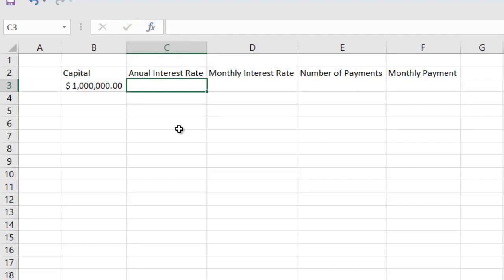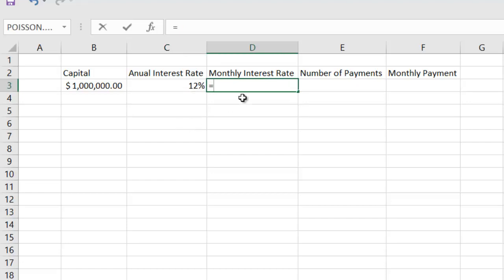In the bank they're probably using a 22% annual interest rate, and you're going to tell them that you're just going to charge them 12% annual interest rate. The monthly interest rate, the rate that you are going to apply every month, is going to change a little. We're going to see in a future tutorial that this is going to change.